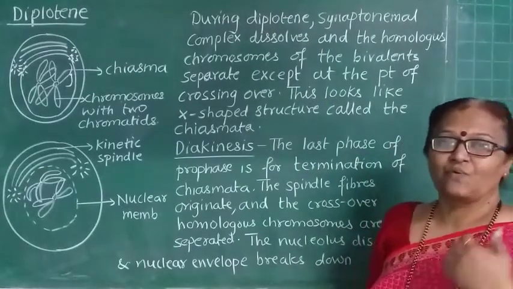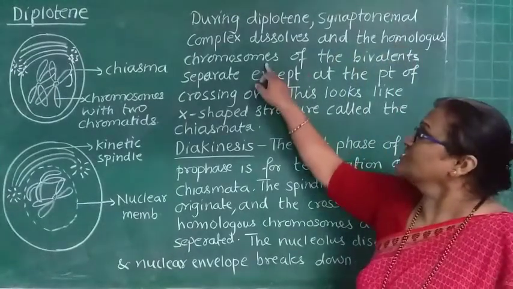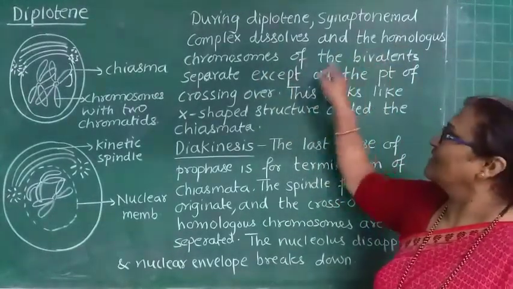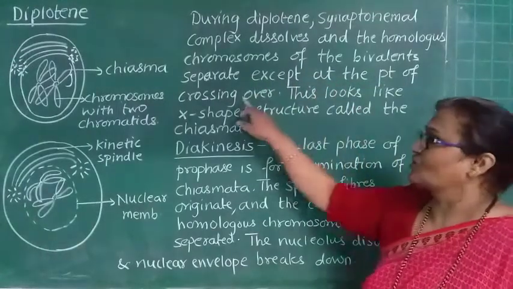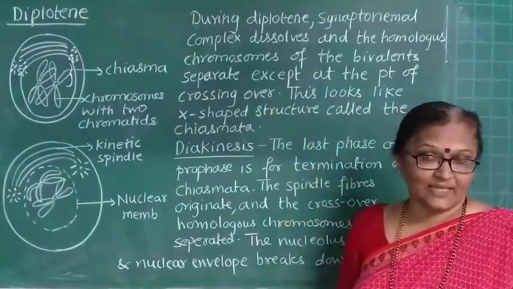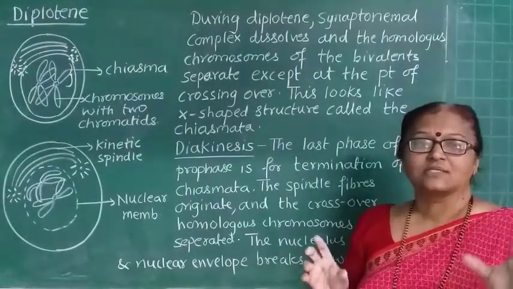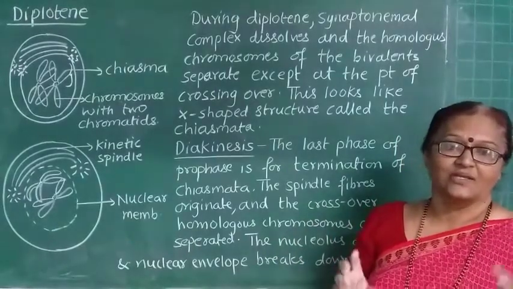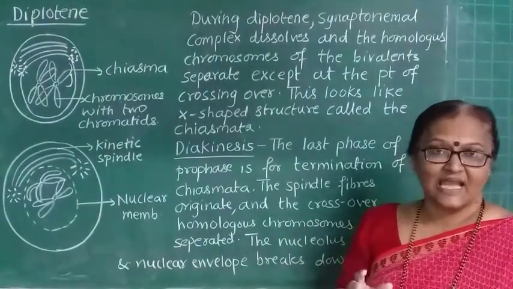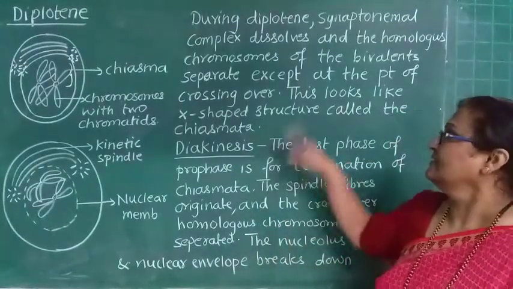This complex vanishes and the homologous chromosomes of the bivalent separate except at the point of crossing over. That means the chromosomes are now separating except where there is a crossing over. This area only remains and the remaining area is being separated.